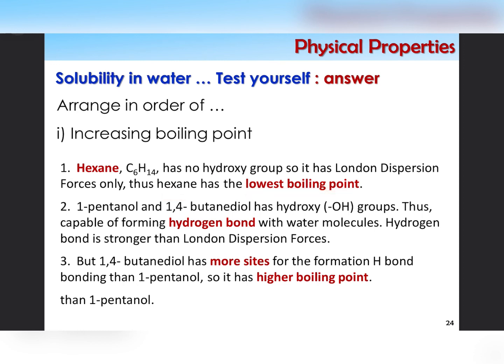Lagi 2 structure 1-pentanol dengan 1,4-butane diol tu, you have hydroxy group. So it can form hydrogen bond, therefore dia lagi stronger lah compared to hexane tadi. But 1,4-butane diol, you have more site for the formation of hydrogen bonding sebab dia ada 2 OH group. So, compared to 1-pentanol, hanya ada 1. Therefore, 1,4-butane diol will have the higher boiling point compared to 1-pentanol.